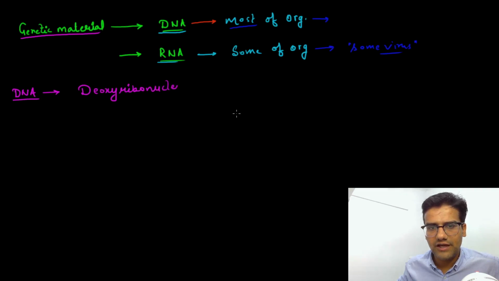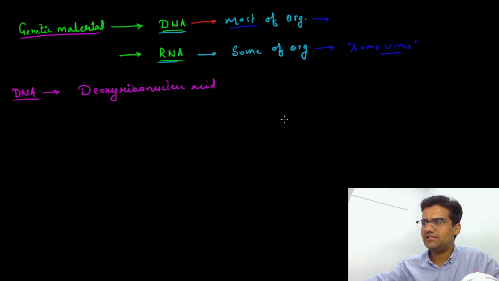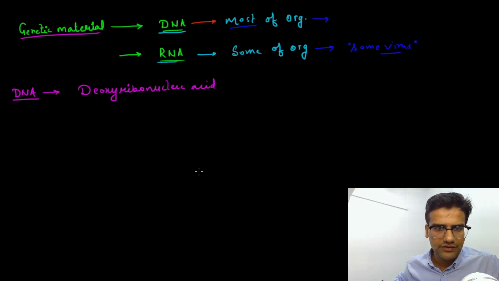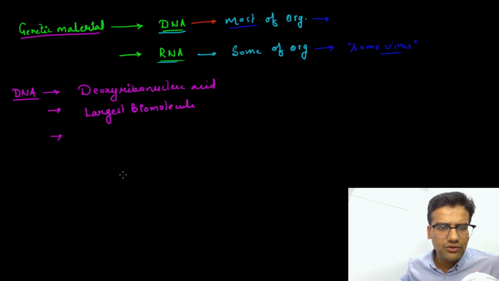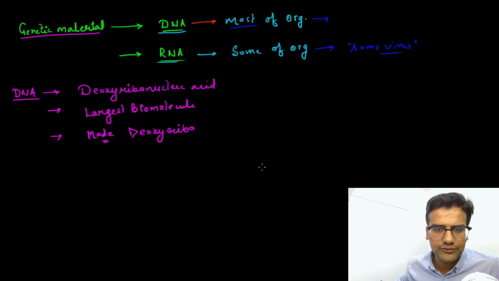This DNA is basically the largest biomolecule in your cell. DNA is made up of nucleotides, and the single unit of DNA is deoxyribonucleotide.